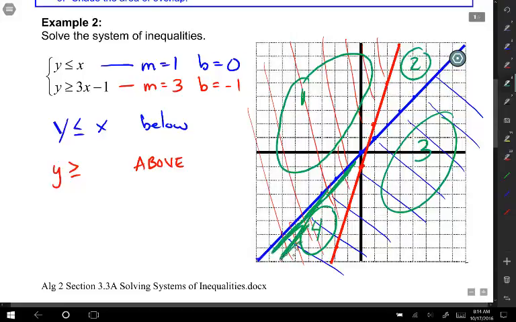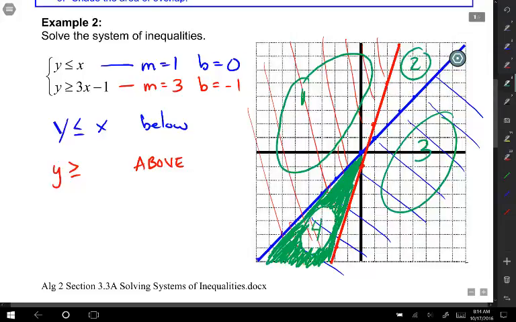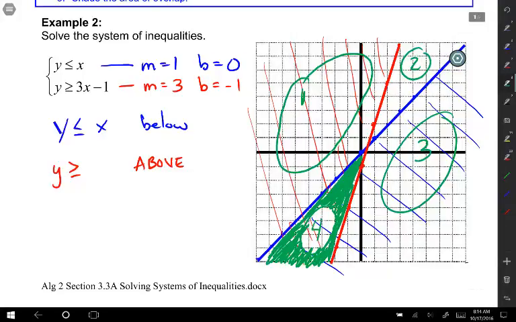And section 4 is our answer. Nothing else is our answer. Just section 4. Everything else that is now just shaded with one color is not our answer.